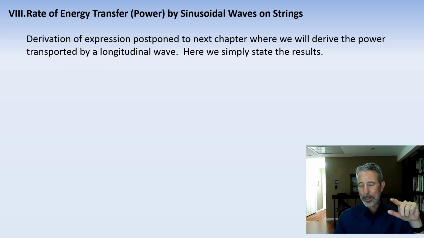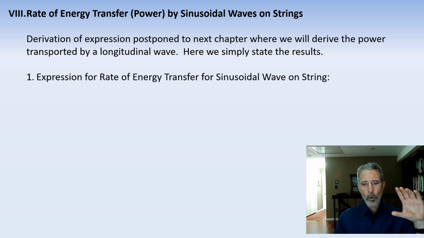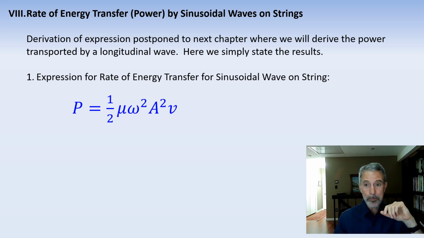Rather than a wave traveling on a taut string that is transverse, we'll look at a wave that is transported as a longitudinal wave in a medium. But for the wave on the string, here's the expression for power.